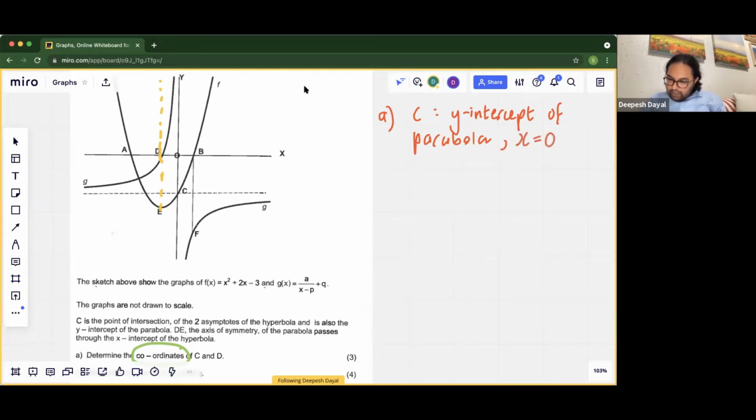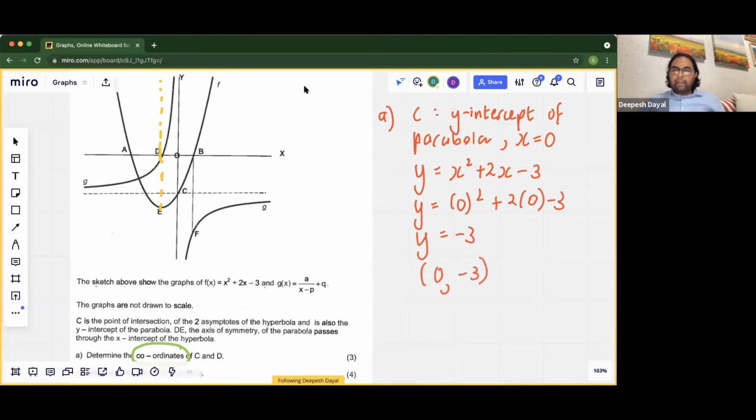So we've got the equation y equals x squared plus 2x minus 3, and we're going to make x equal to 0. So y equals minus 3, and we've got x is 0 and y is minus 3.